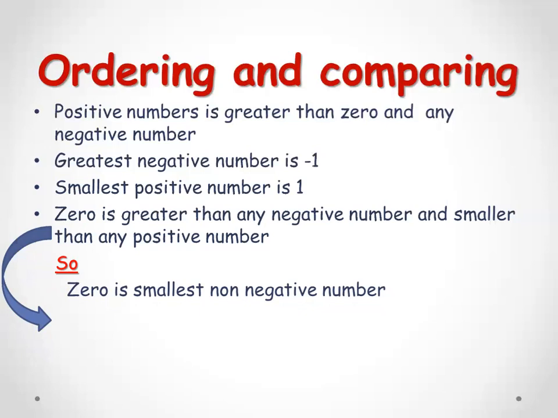So if I'm asking you for the smallest between 0 and positive, you're going to tell me 0. So 0 is the smallest non-negative number. And 0 also is the greatest non-positive number. Non-positive means negatives and 0. So the greatest between both of these is 0.